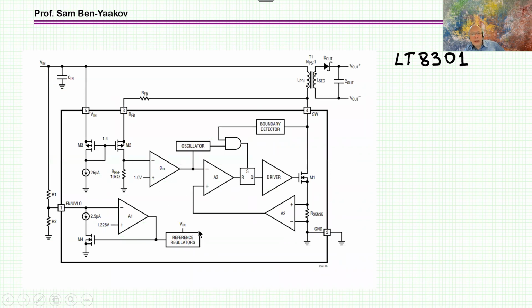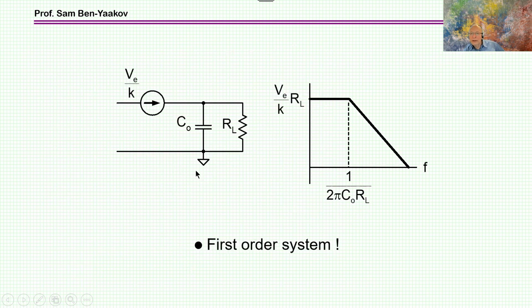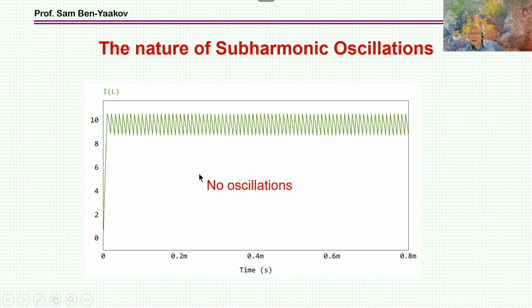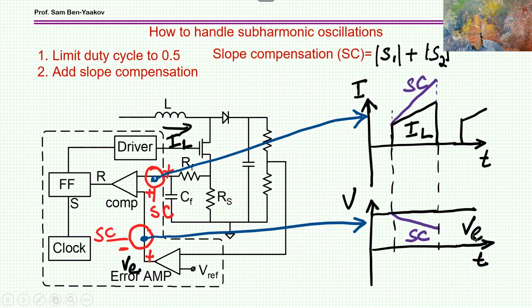For example, here, you see this is an oscillator. The oscillator is built around a triangular waveform. So this triangular shape, or part of it during the on time, is added, or in this case subtracted, to this value so as to add this slope compensation as it is shown here, okay?